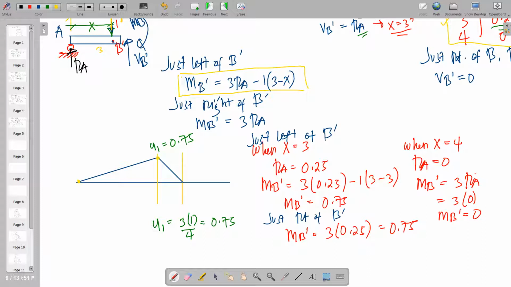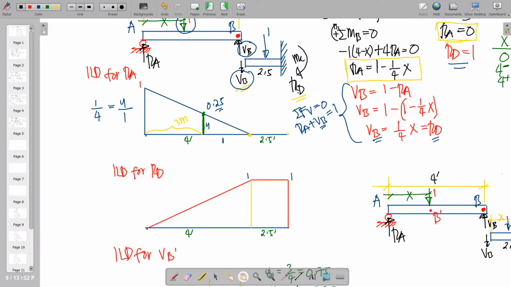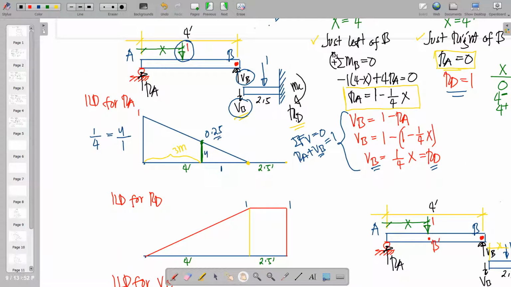Because when x is equal to 4, by the way, this distance here is 3 and this is 1, so this is actually 4 meters. And when we reach 4 meters, when x is equal to 4, RA is always equal to 0. So we can see that in our ILD, your RA stays at 0 from x equal to 4.